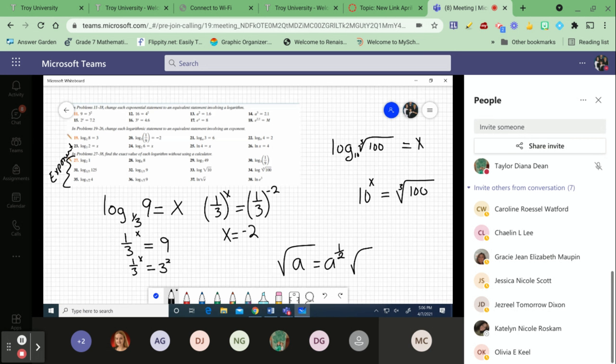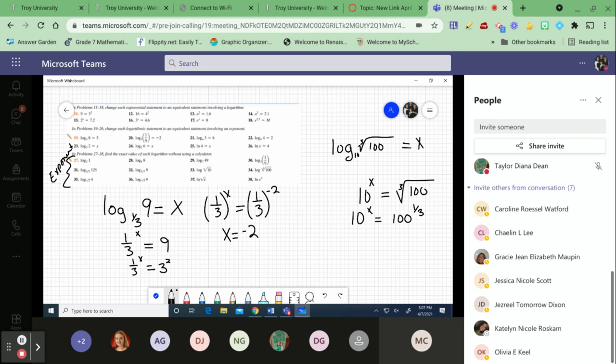If I had the square root of a to the 5th, that would be a to the 5/2. Yes? Okay. So this is going to be 10 to the x is equal to 100 to the 1/3.